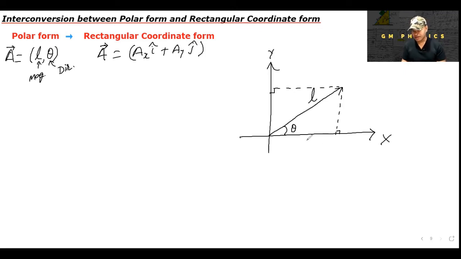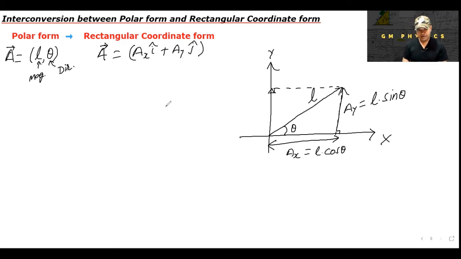Using trigonometric ratios, which we have already done, we can write this component, that is ax, will be L cos theta, and this component, which is the y component, also equal to this one, opposite sides of a rectangle, ay will be L sine theta.